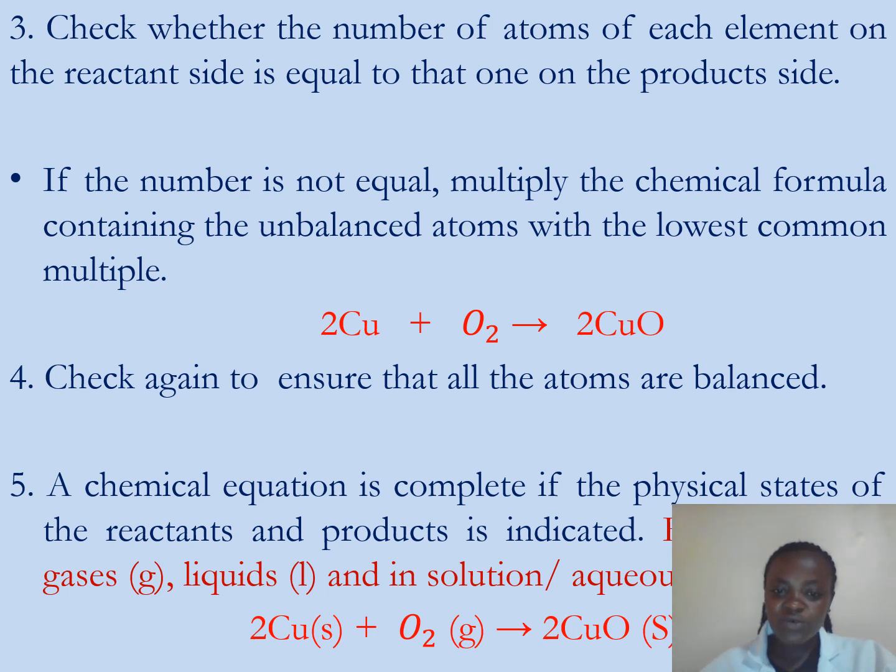So we shall have 2 copper atoms on the reactant side and 2 on the product side. Again, we have 2 atoms of oxygen on the reactant side and 2 on the product side.